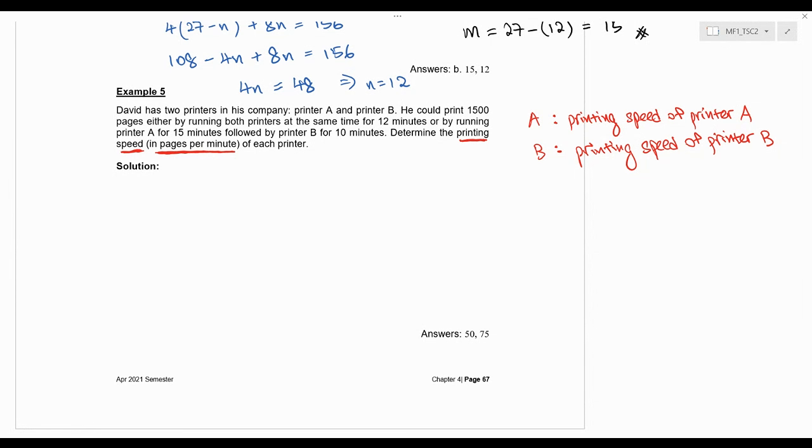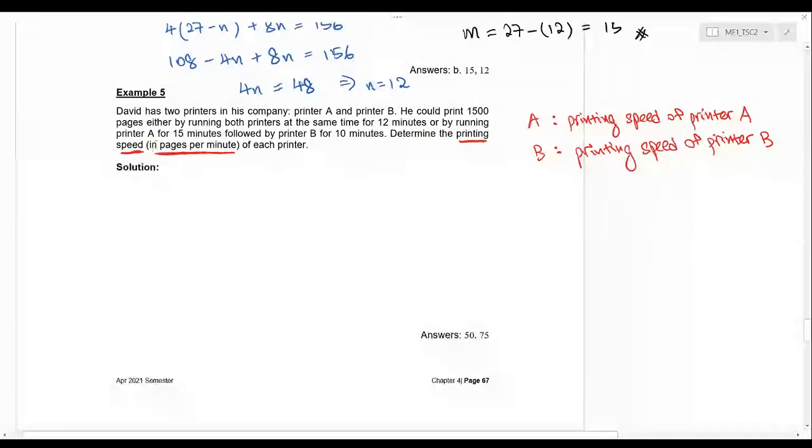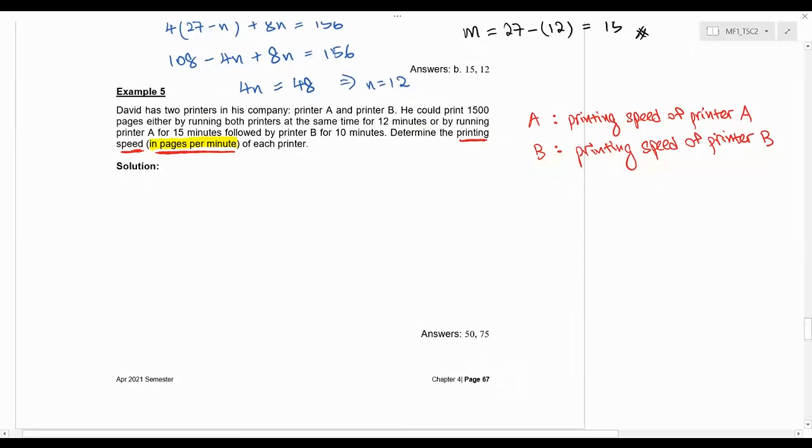You also don't know what the printing speed of printer B is, but you know that it is a number. Basically, it is a number of pages per minute as highlighted here. So A is the number of pages per minute.